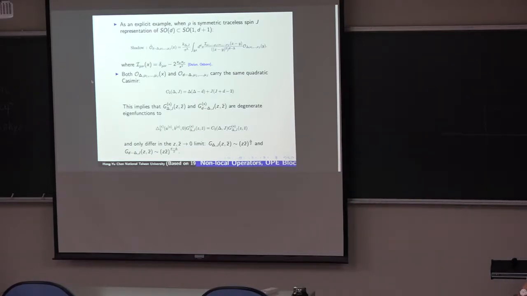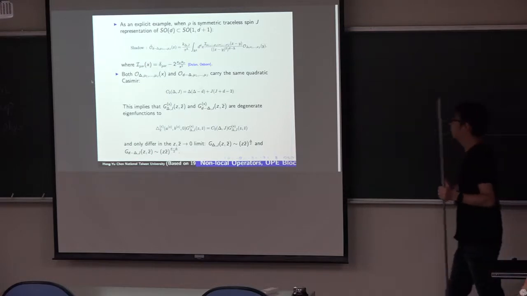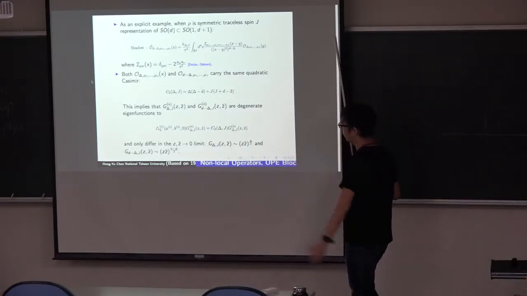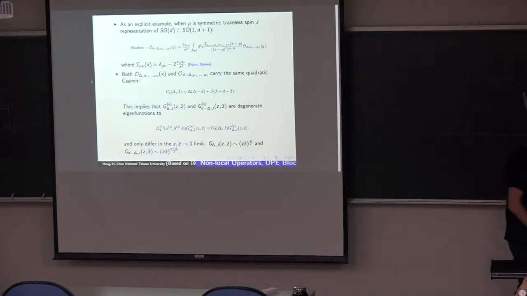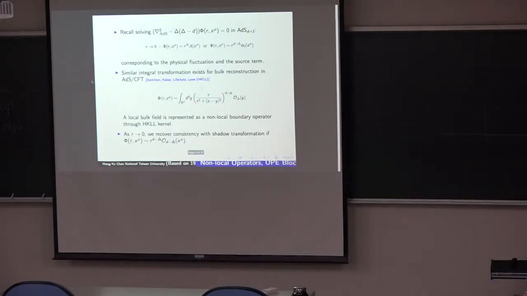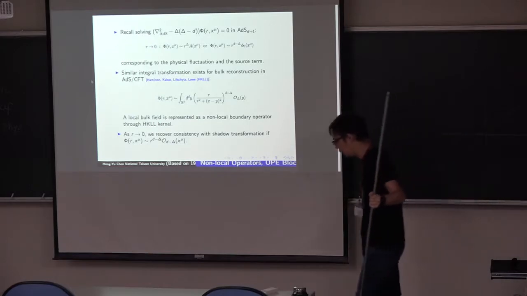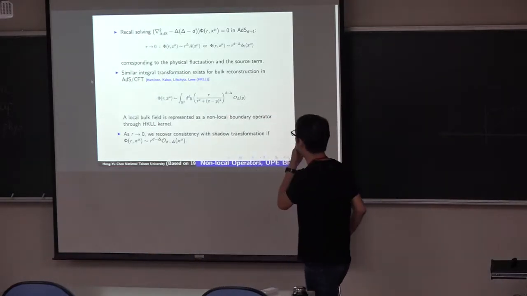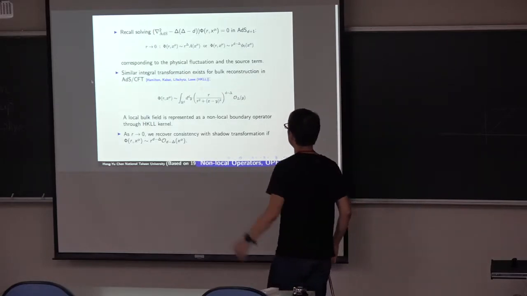So they exist; they are allowed solutions of the quadratic Casimir equation. The next question is whether they should also contribute somehow to your correlation function and so on.